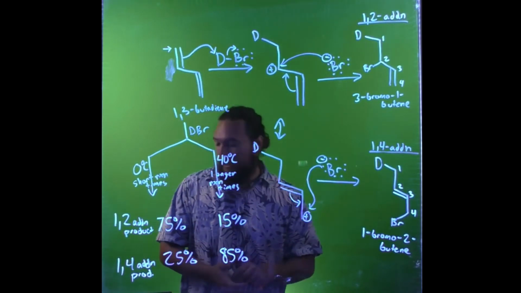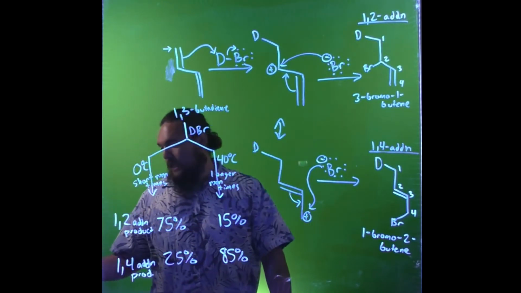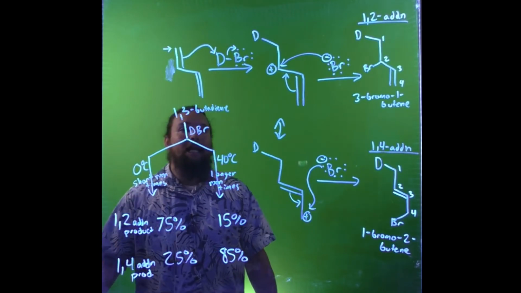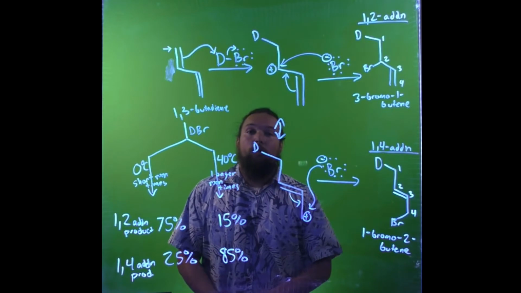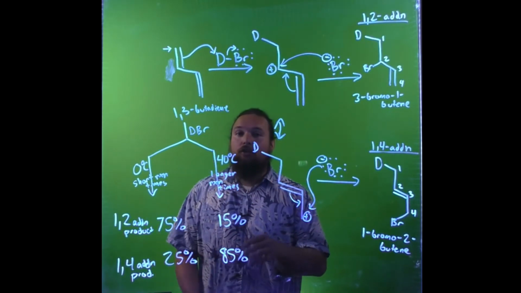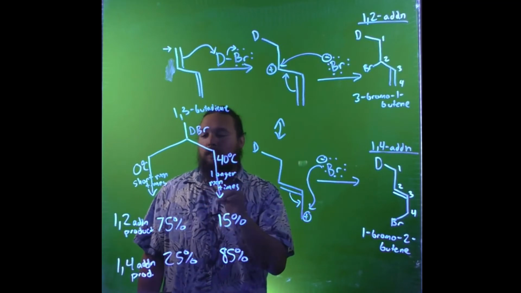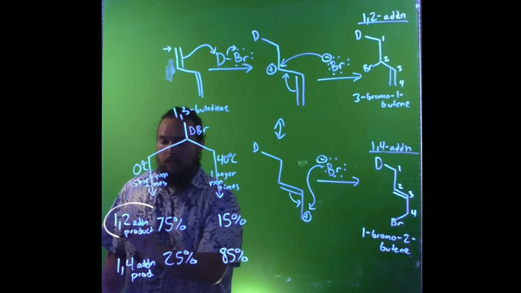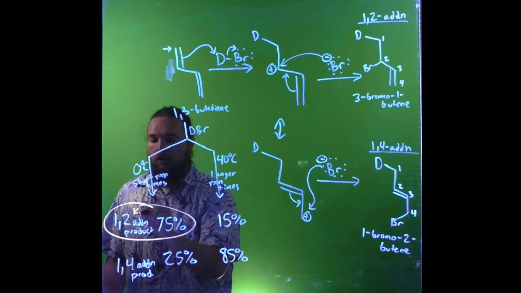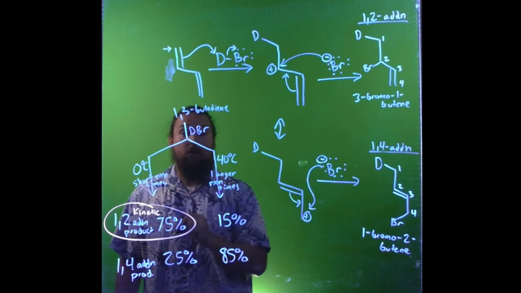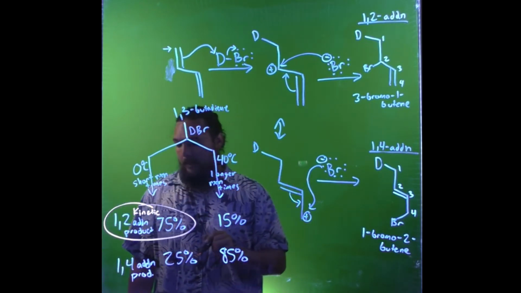So with kinetic control, the kinetic product is influenced by the rate of product formation, and it gives us the product that forms the fastest. So under kinetic control, we typically do things at lower temperature. So the 1,2 addition product is going to be what we call the kinetic or kinetically favored product, okay?